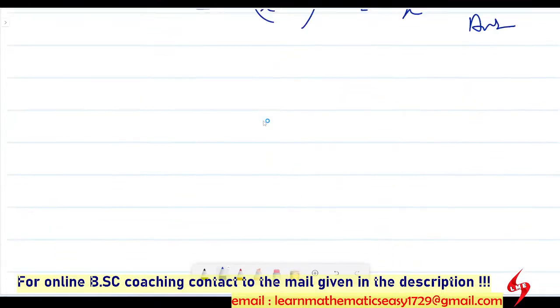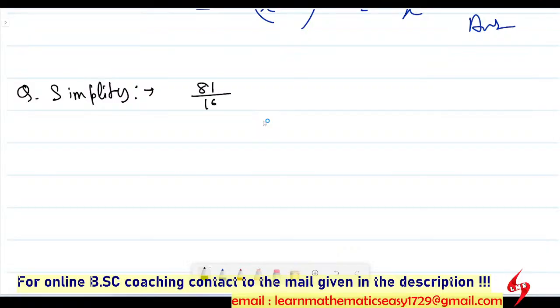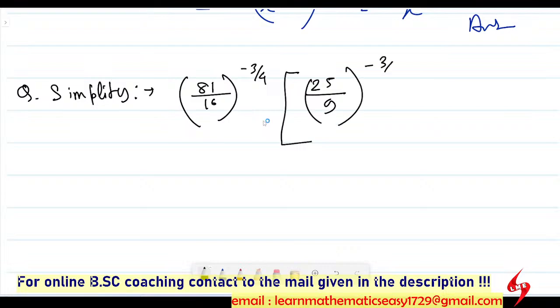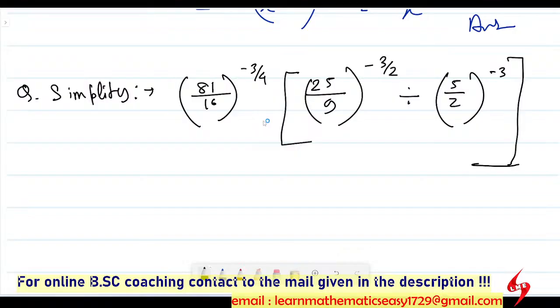Next, jump into some similar simplification. So simplify this.